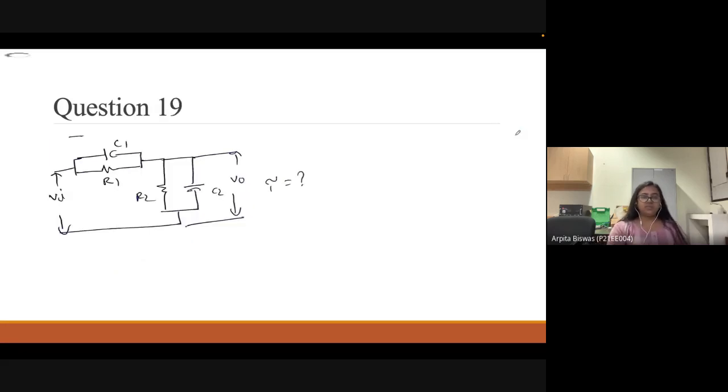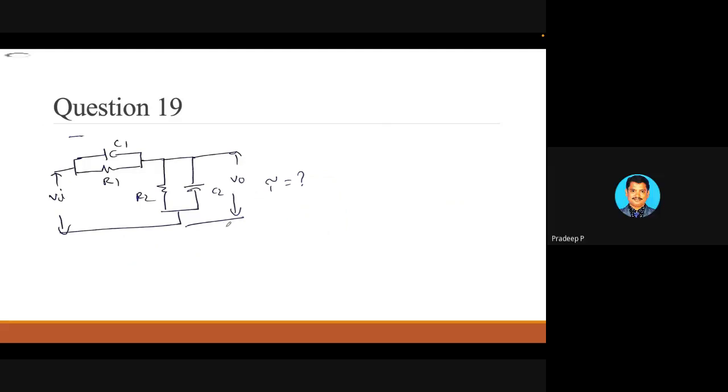So now in this condition, find the value of tau. R1 parallel R2 multiplied by C1 plus C2. C1 and C2 are parallel, so it means C1 plus C2. So R1 R2 by R1 plus R2 multiplied by C1 plus C2.